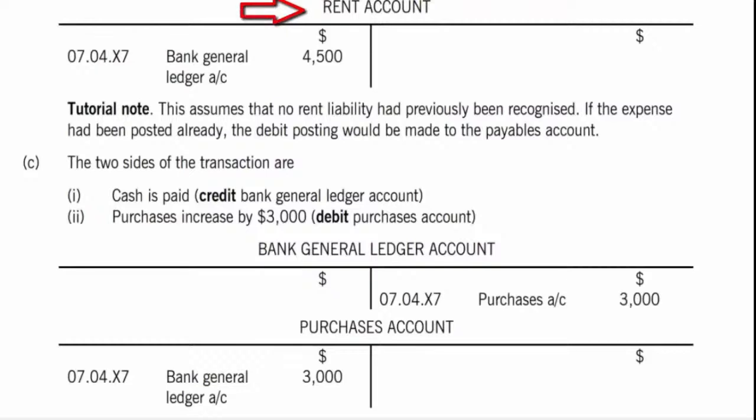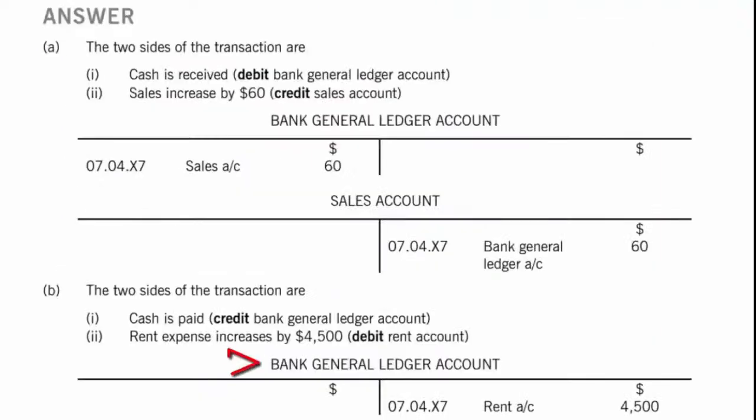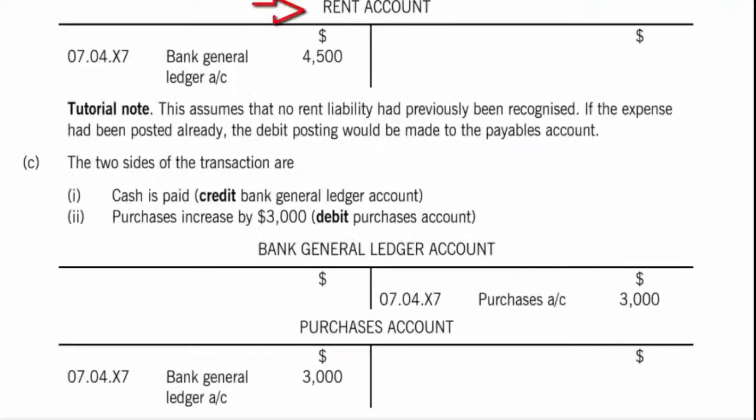Rent, an expense, increases because rent is a business expense. This is recorded as a debit in the rent account. How it's recorded in the ledgers. Bank general ledger account, credit $4,500 to the rent account. Rent account, debit $4,500 from the bank general ledger account.